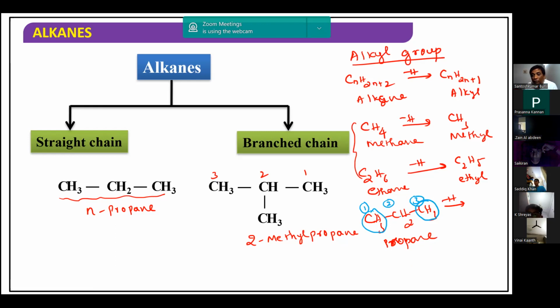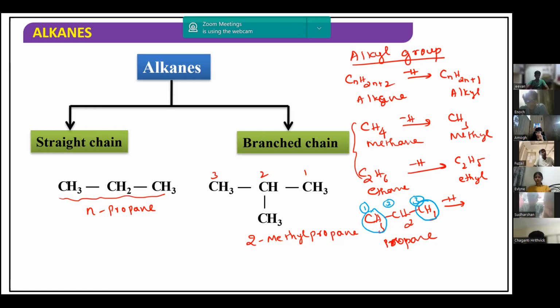Equivalent in the sense that the type of alkyl group you get is the same. We call it the n-propyl group. But when you remove hydrogen from the second carbon atom, you are not going to get the n-propyl group, but something different. So here you get two types of alkyl group. One is CH3, CH2, CH2, and another is CH3, CH, CH3.